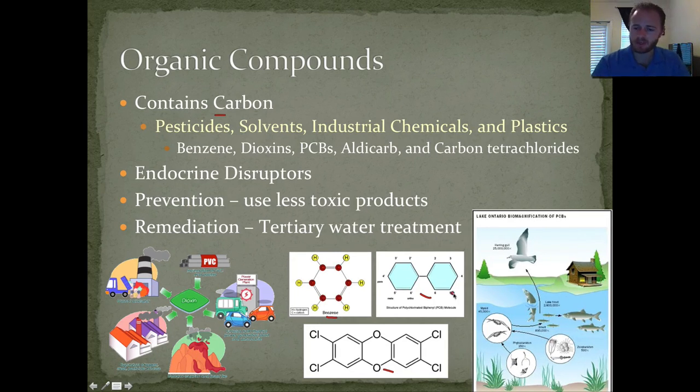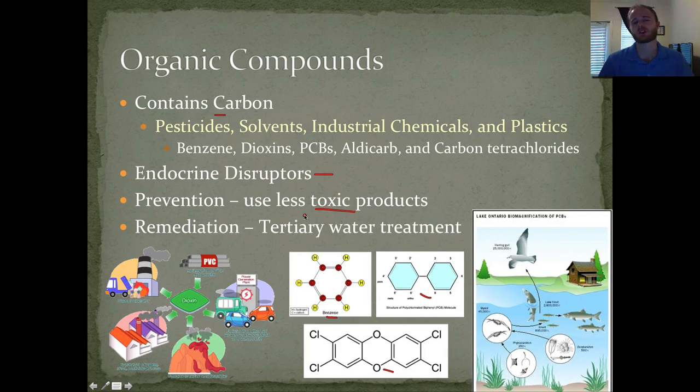And then PCBs, which are polychlorinated biphenyls, are endocrine disruptors. And these can cause huge problems in food chains and a lot of birth defects in offspring of different organisms. Some preventions to reduce the amount of organic compounds: use less toxic products.